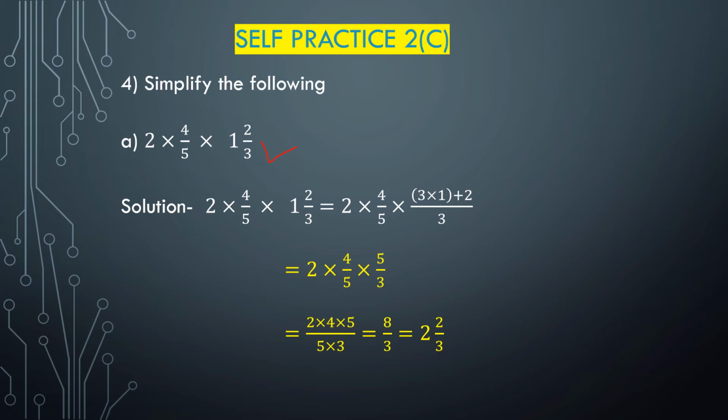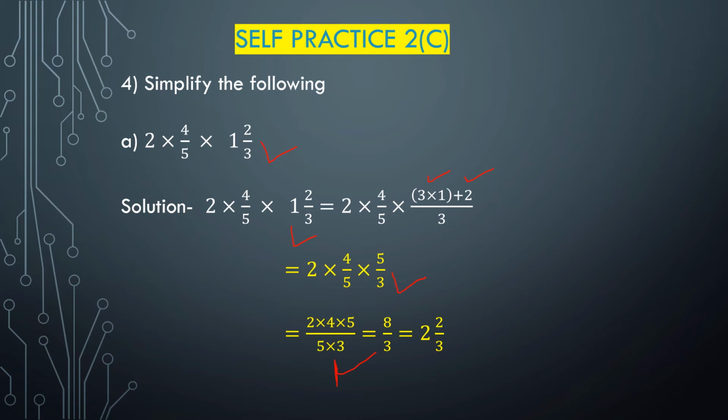First we convert this mixed fraction into an improper fraction. 1 2/3 equals multiply the denominator with the whole number, 3 multiplied with 1 plus the numerator 2. 3 multiplied with 1 plus 2 is 5, 5 divided by the denominator 3, 5/3. So 2 multiplied with 4/5 multiplied with 5/3. Now multiplying these fractions equals the product of numerators divided by the product of denominators.